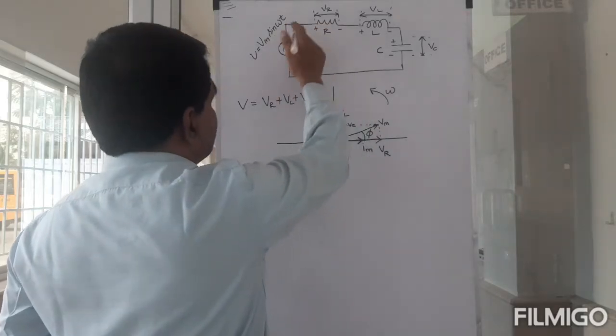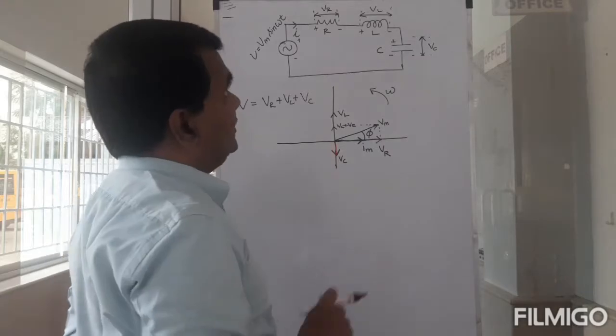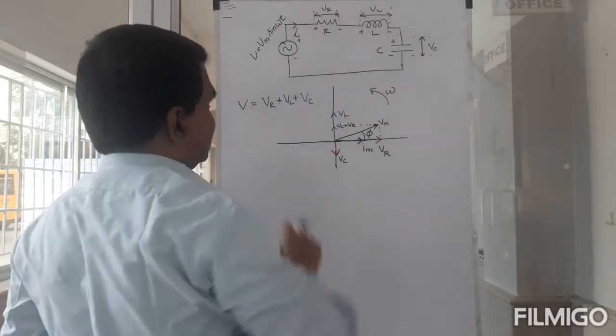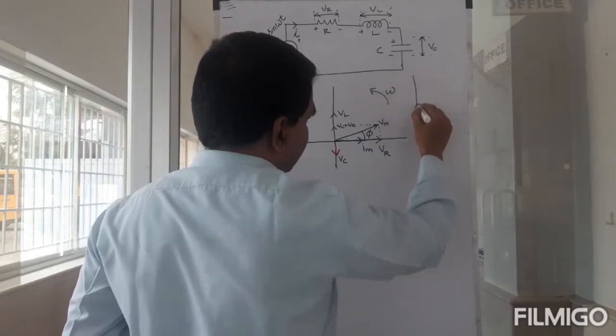So this is an AC voltage, and it will send an AC current, and this also will be an AC voltage. Okay, so I am going to write that.